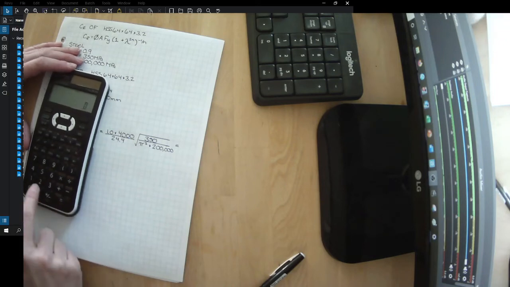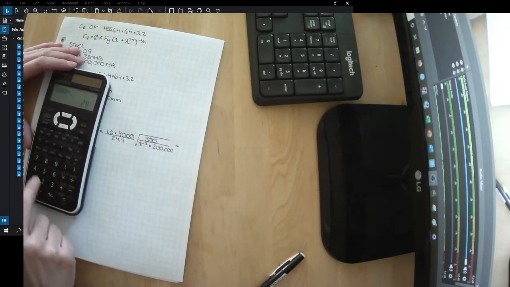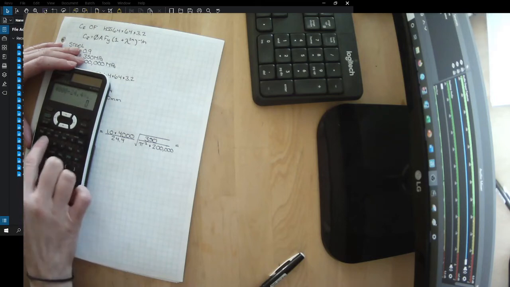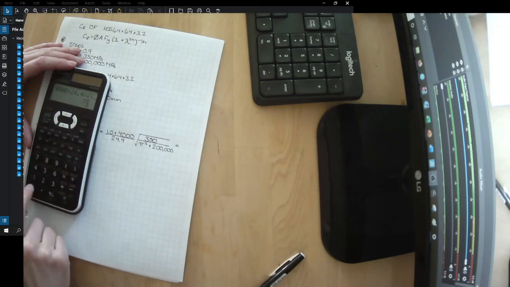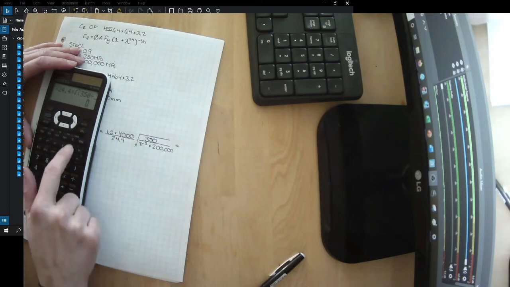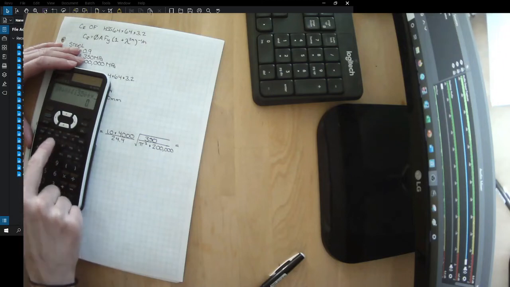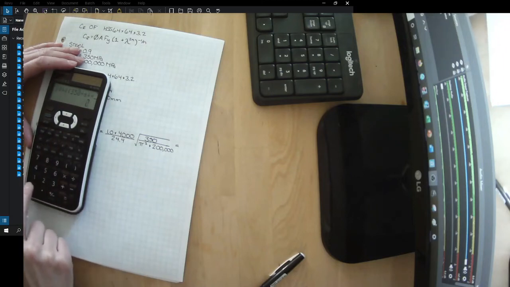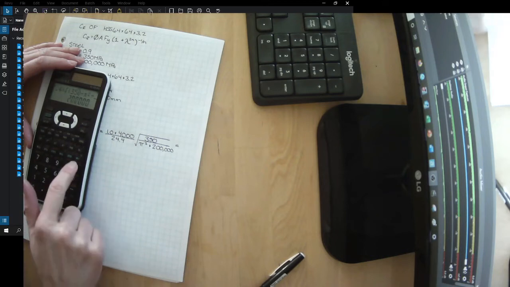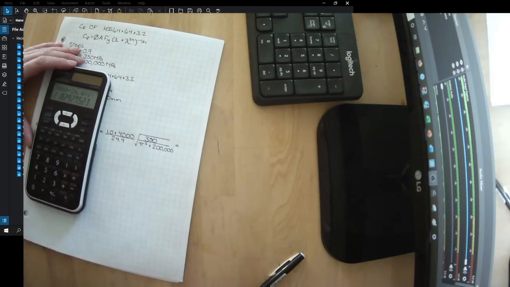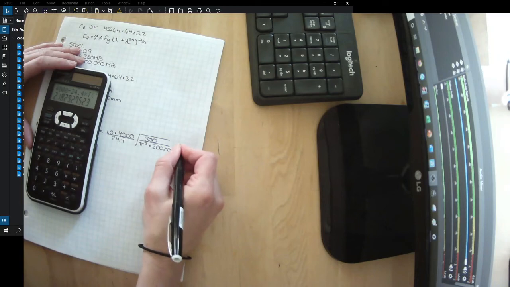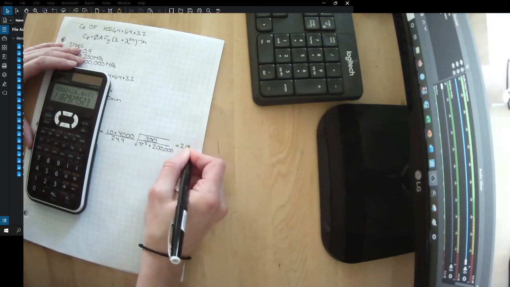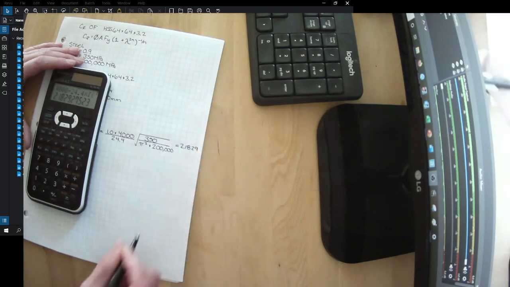Well, I did something wrong plugging that in. We've got 4,000 divided by 24.4 times the square root of 350 divided by pi squared divided by 200,000. And we get 2.1829.